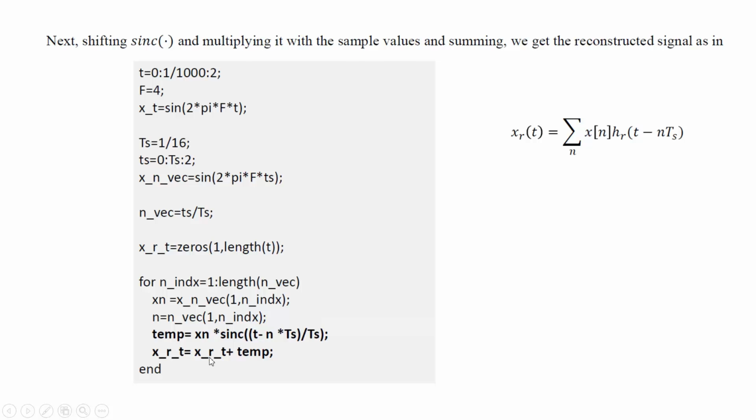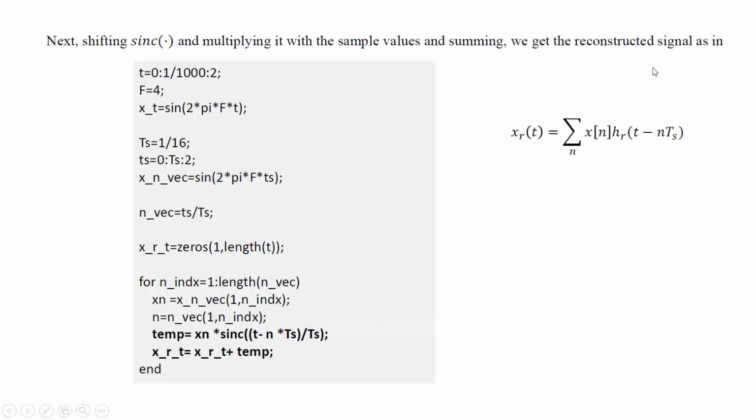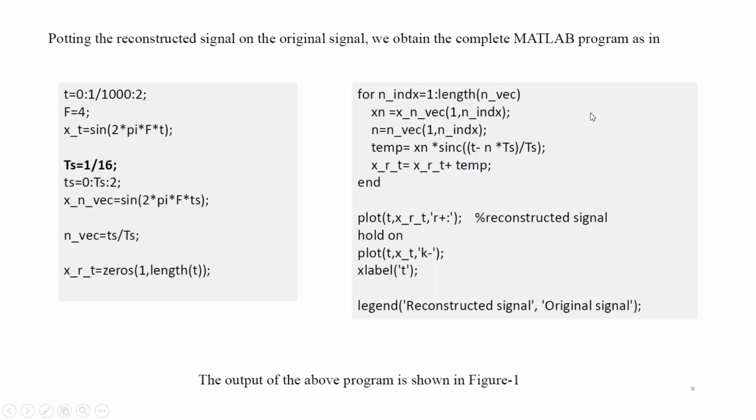All right. So that means we have implemented this formula, and after that we need to plot t versus xrt, where we have stored the calculated values, right? So this is basically the reconstructed signal, and we will hold this plot.